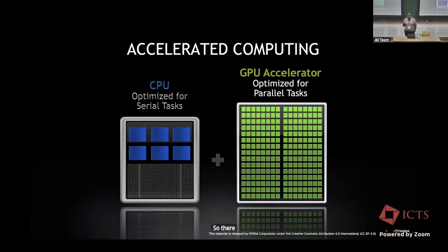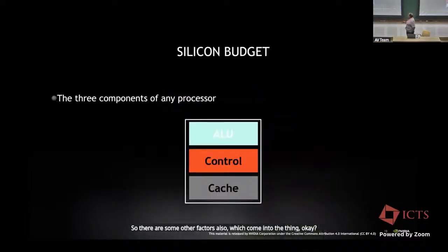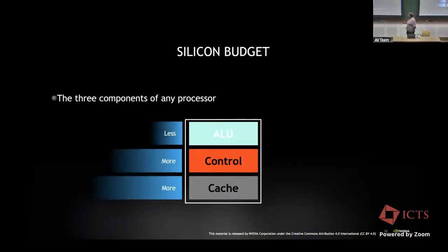There are some other factors also which come into the picture, okay? Silicon budget wise, a CPU has fewer ALUs. Obviously, it has fewer cores. It has more control and it has a hierarchy of caches, because in CPUs, if there is a cache miss, where the data is not there, then you have to access the memory.